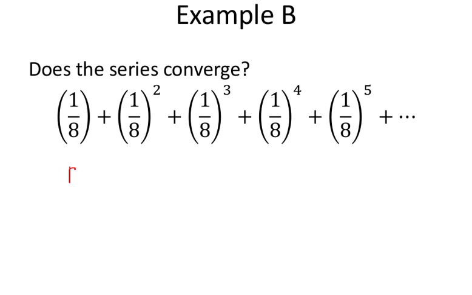And this is the r term in the parentheses, and we have this exponent of n, where n starts at 1, 2, 3, 4. So we have the summation from n equals 1 to infinity.